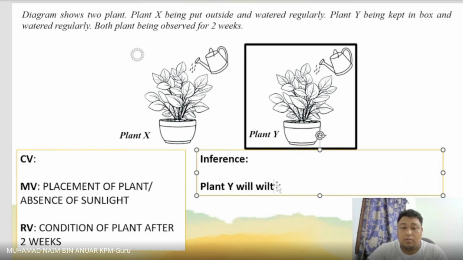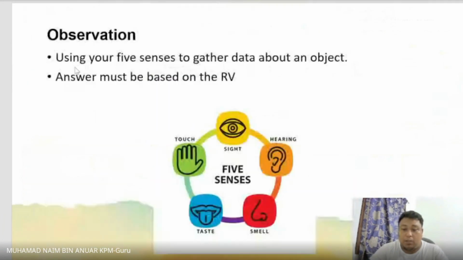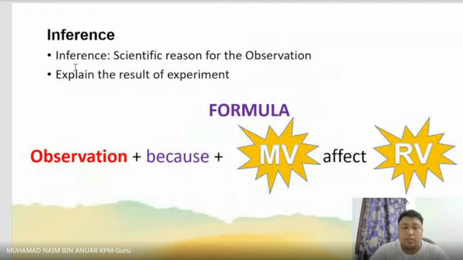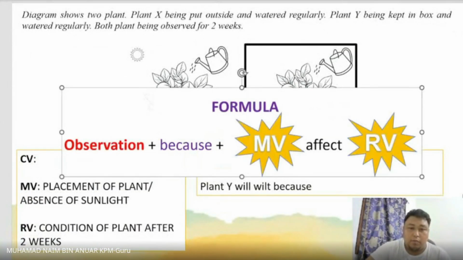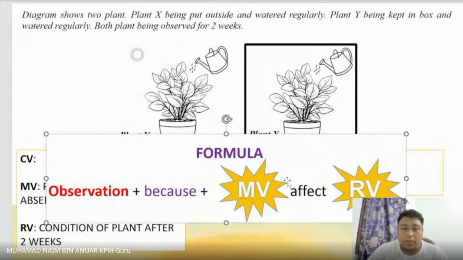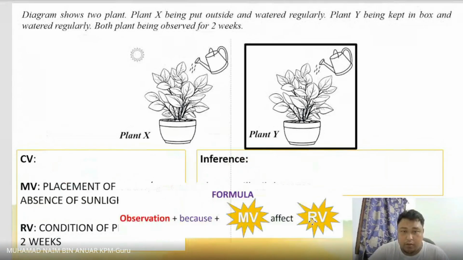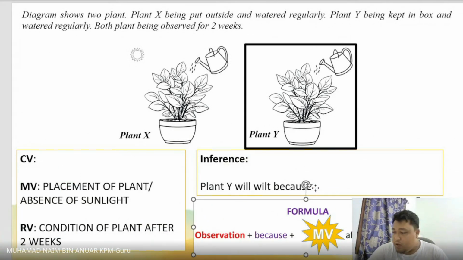That's the observation. And then we add the word because. Now, what is the formula just now? This is the formula. Observation plus because plus MV affect RV.